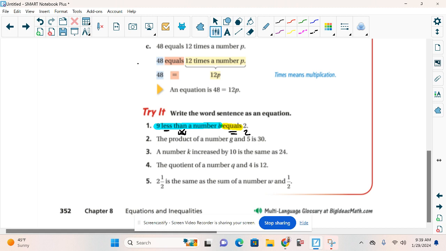So when we swap, we're only swapping what's in blue. We're swapping the 9 and the b. So how could I write this? b minus 9 equals 2.